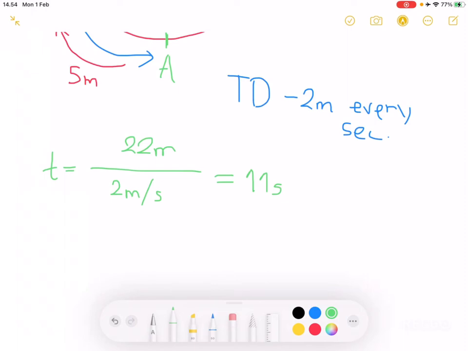Alright, I would probably do one last example of this type of question. Alright, for the last question, again we're going to draw a diagram.